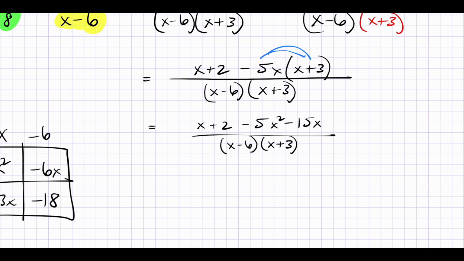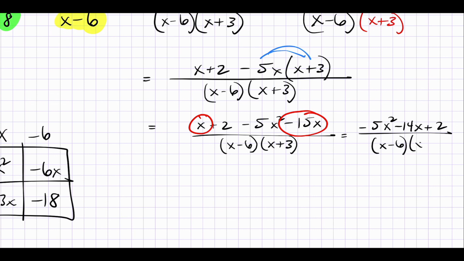Okay, so we get like terms. The only like terms are these guys here. So you get negative 5x squared minus 14x plus 2. And then on bottom, you just keep it the way it was since step 2. You're done.